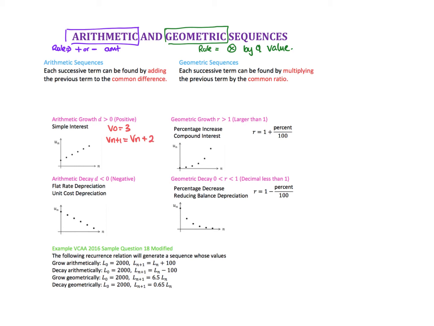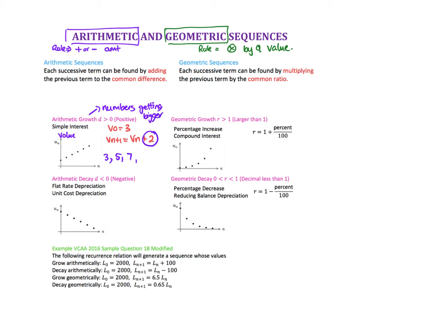You can see here's the bit we're adding, and it keeps getting bigger. If I wrote out the sequence, it'd be 3, 5, 7. So this is growth, the numbers are getting bigger.